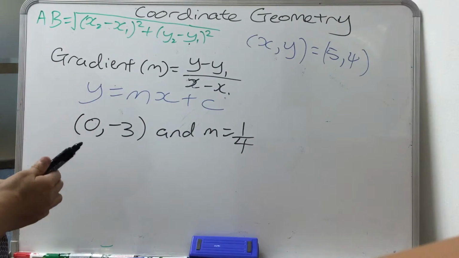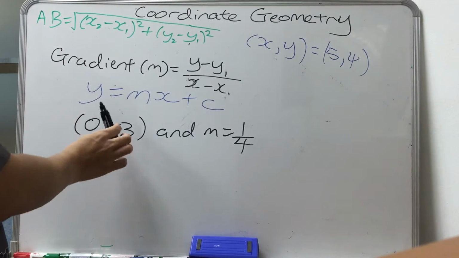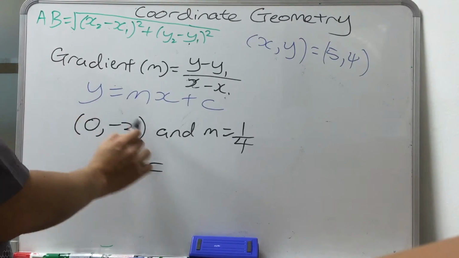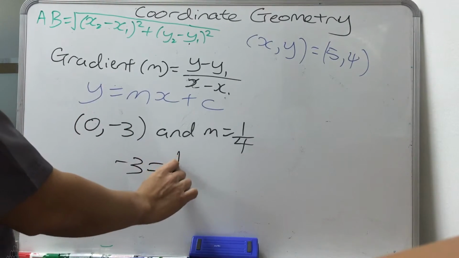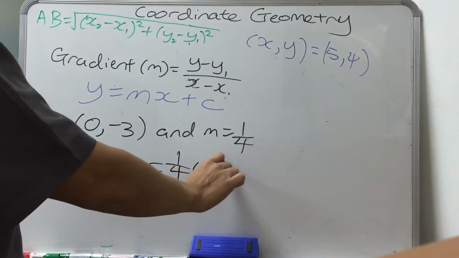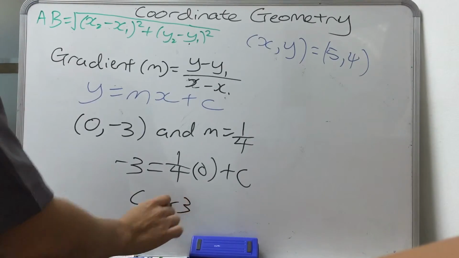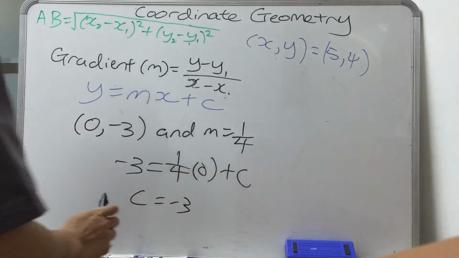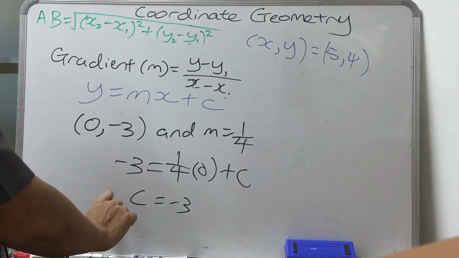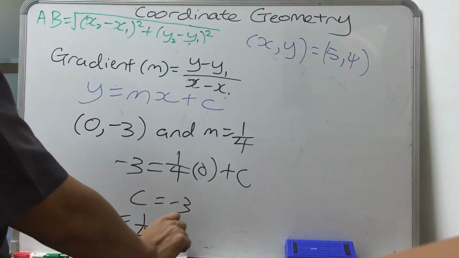How are you going to find it? What we can do is substitute the values in. Substitute the value of y, which is minus 3, then the gradient 1/4 into your m, and x is 0. So we can find c. c will be equal to minus 3. So with this, you can get the equation of the line: y equals 1/4 x minus 3.